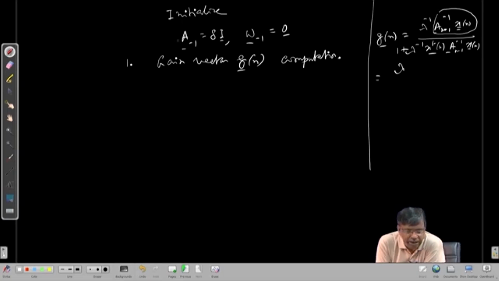Like A minus 1 is given, so A minus 1 inverse is nothing but 1 by delta times I. So, this is given to me. Since we assume this to be given, let me call it U n. I will calculate it once, because in the denominator also this factor comes. So, why calculate twice and waste computational resources? Calculate it only once for the numerator and use it in computing the denominator. And also, if you multiply the numerator and denominator by lambda, the lambda inverse cancels out, and there is lambda plus this thing.